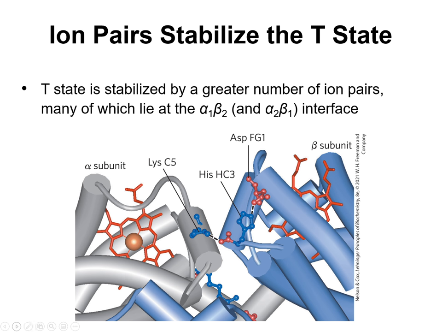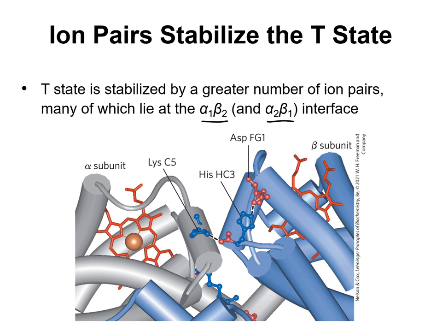The T state has a greater number of ion pairs, and that's at the alpha 1 beta 2 and the alpha 2 beta 1. You don't need to remember specifically where it is, but just remember that the T state has more ion pairs than the R state does.